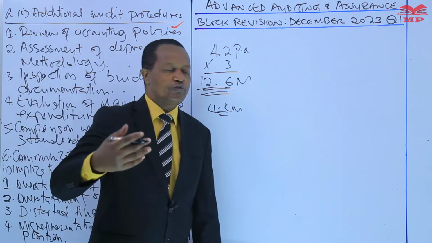Impact on audit report. Now, the auditor may need to issue a qualified or adverse opinion as a result of these effects of the omission of depreciation on buildings.